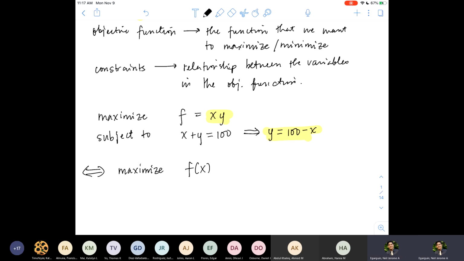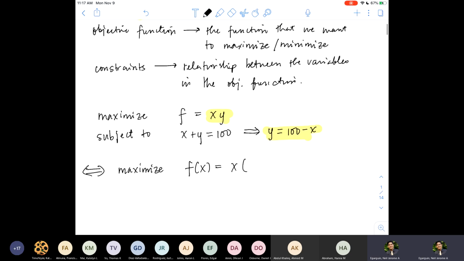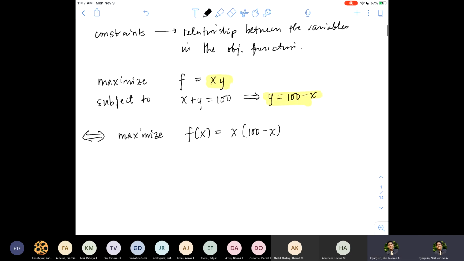Now f is a function of a single variable x, which is x times y, but y we know from the constraint is 100 minus x. I can do a little algebra here and write it as 100x minus x squared. And that's our objective function.